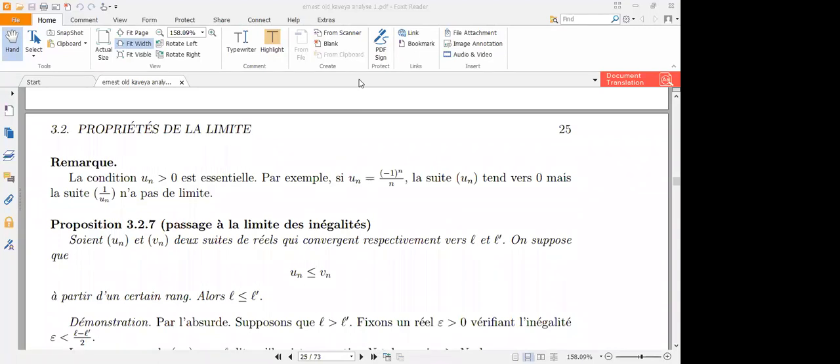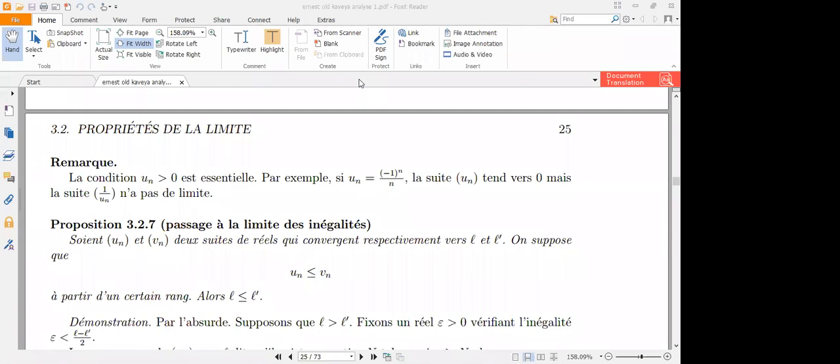Normally what you really have to know is how to look at the arithmetic suite, the geometric suite, the adjacent suite, and what else? The recurring suites and all that. The one that's very important is the recurring suite, because you're going to use it a lot.